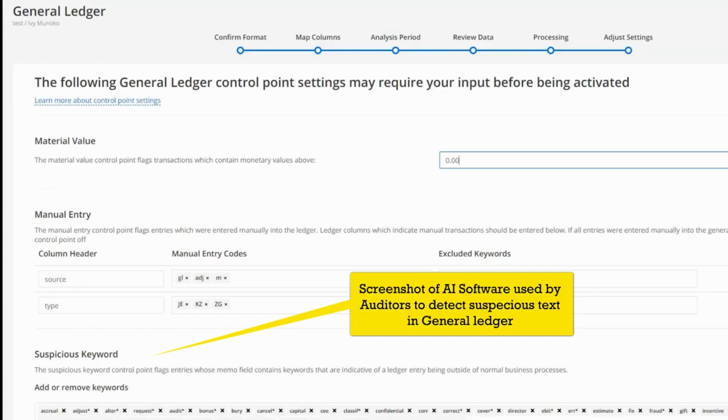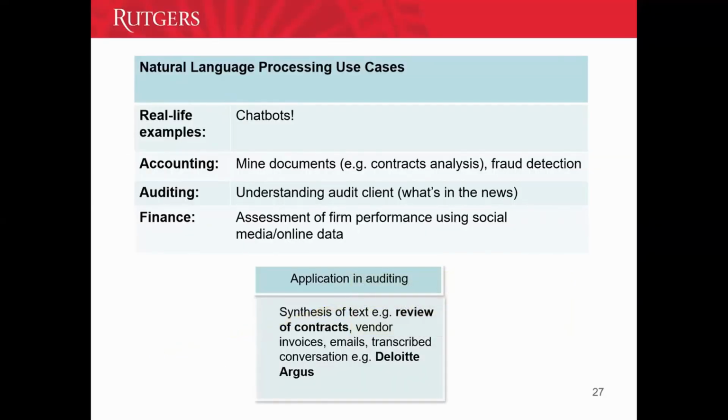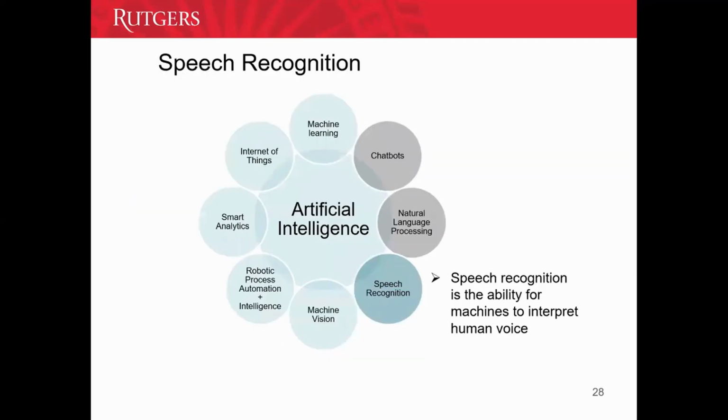So, for example, anything about perhaps kickbacks or bribes. I'm just giving examples of words that could possibly be of high fraud risk. If any such words are mentioned or discussed within the descriptions of transactions within the general ledger, those could be flagged by the algorithm. So this is another example of use cases of natural language processing within accounting and auditing.